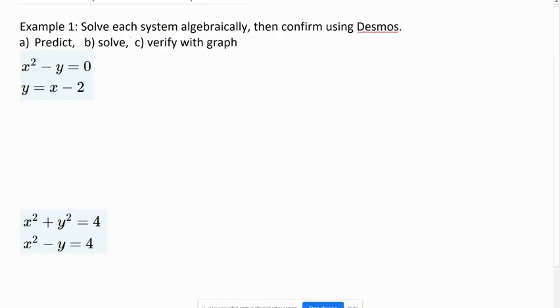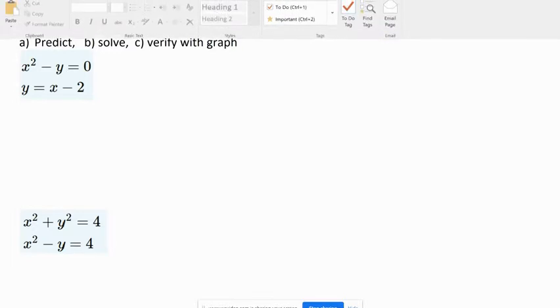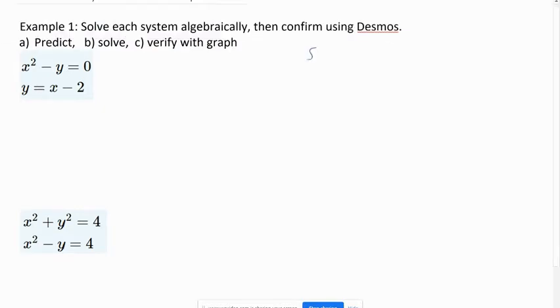So we're going to take a look at solving some systems algebraically, and we can use a couple of the methods that you used in algebra when we were solving systems of linear equations. Two of the methods that we used a lot were the substitution method and the elimination method.